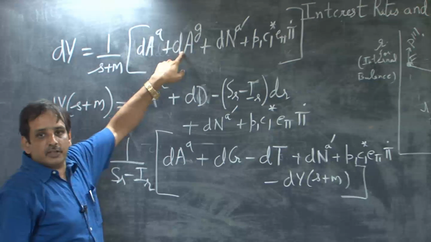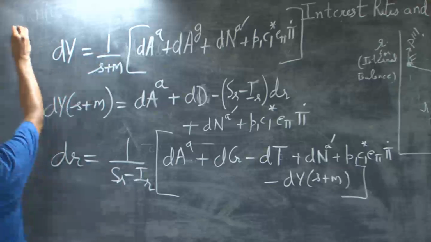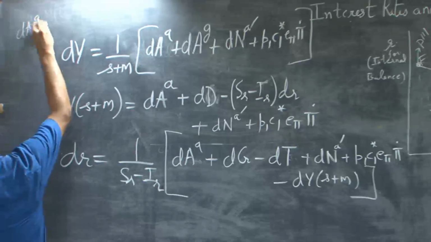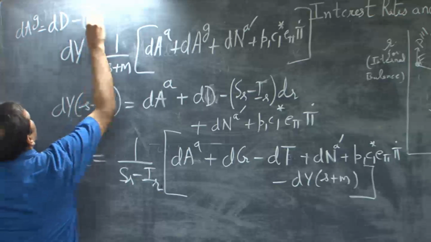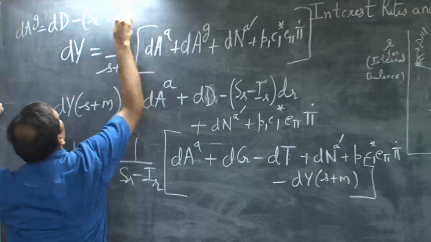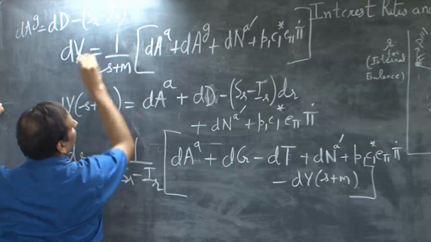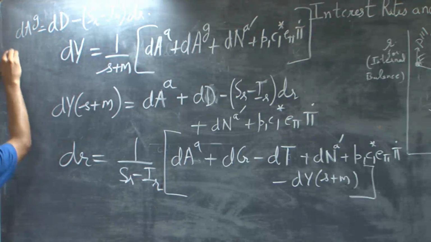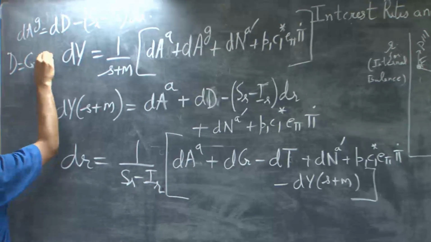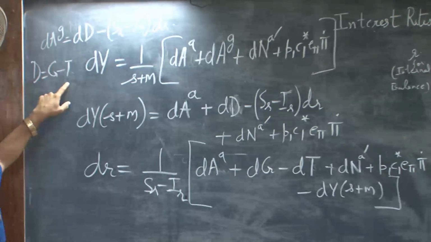So remember daa, the policy induced expenditures, daa was dd minus sr minus ir dr, where d was g minus t, government expenditure minus taxes.